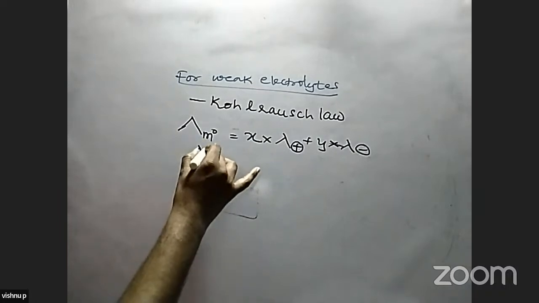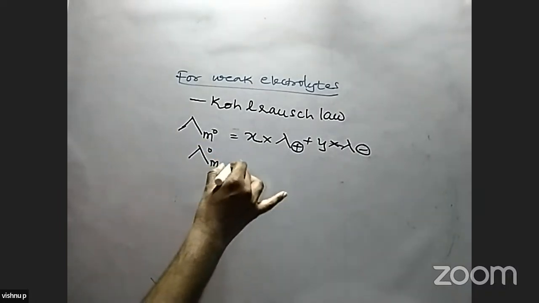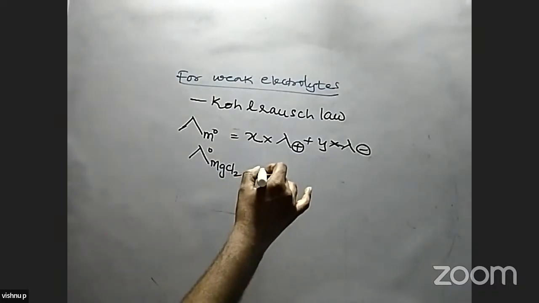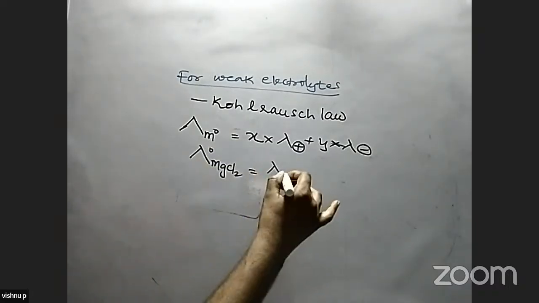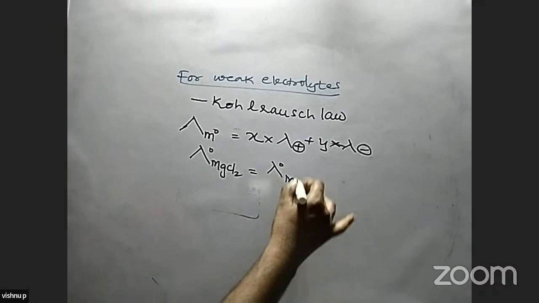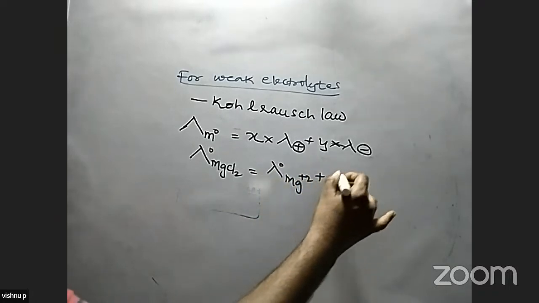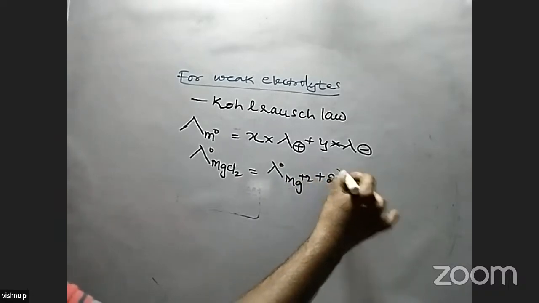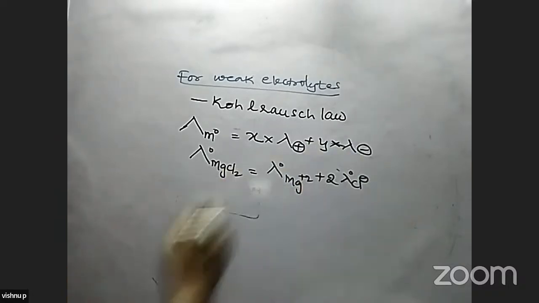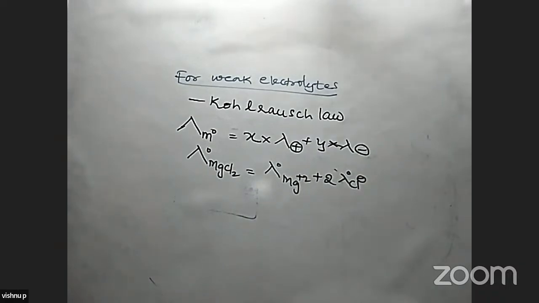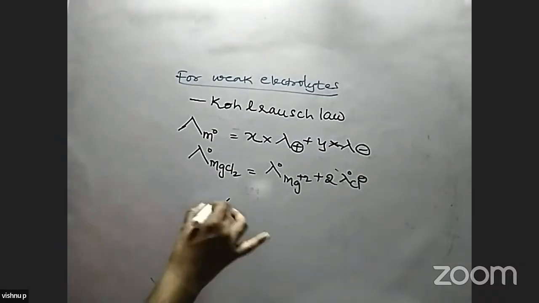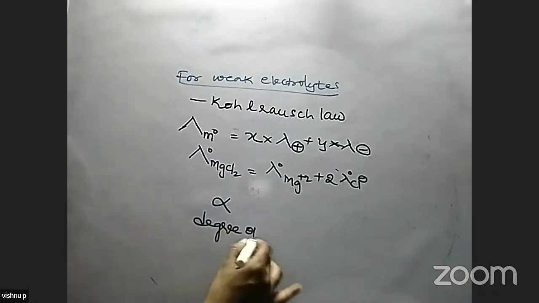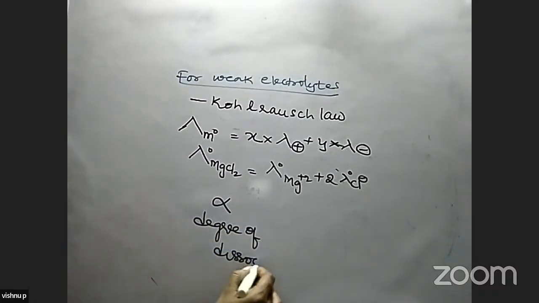For example, the conductivity at infinite dilution of MgCl2 is equal to the conductivity of Mg2+, since only one magnesium ion is present, plus the conductivity of Cl minus at infinite dilution, and there are two of them. From this, we can find alpha also. Alpha is called the degree of dissociation.